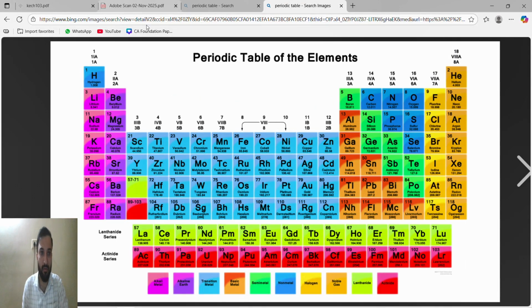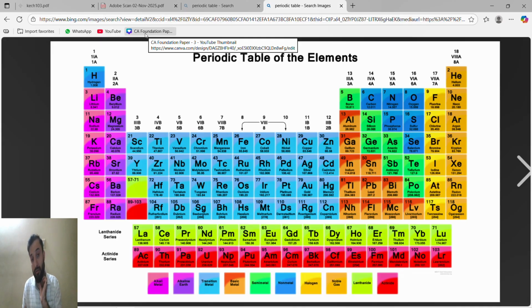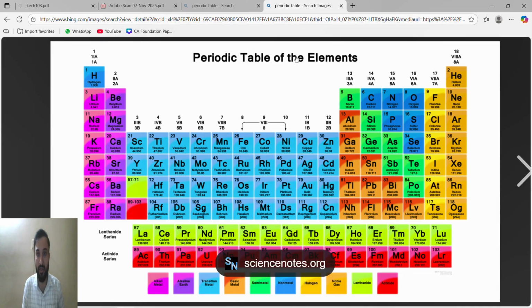I'll make one specific video in which I will tell you everything about the periodic table. The periodic table is divided into 4 blocks: S block, P block, D block, F block. Where is the S block, the P block, the D block, the F block, and how to remember the periodic table at one glance. We will also learn the names of the elements based on the periodic table.